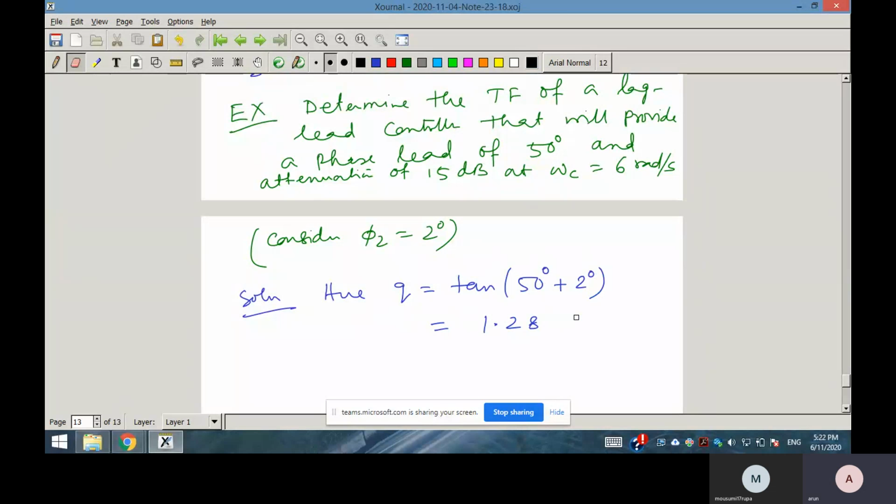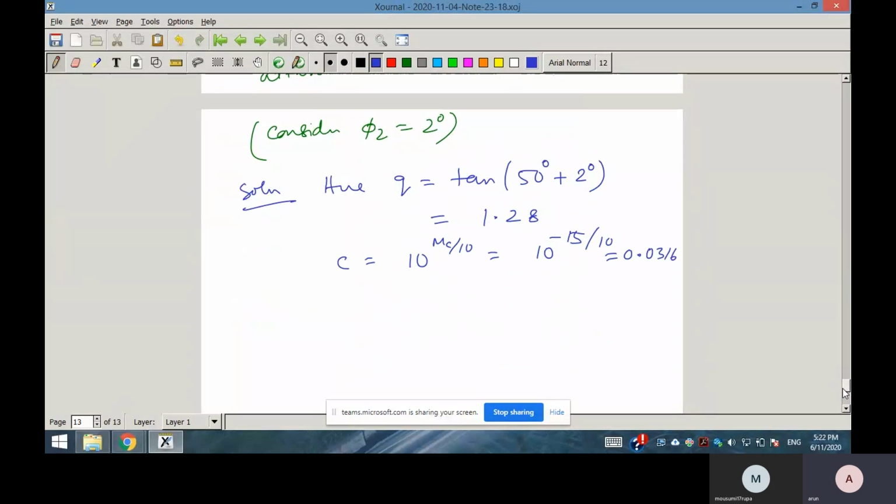So then what is your C? C will be equal to 10 to the power mc by 10. So that is 10 to the power minus 15 by 10. So this is equal to 0.0316.